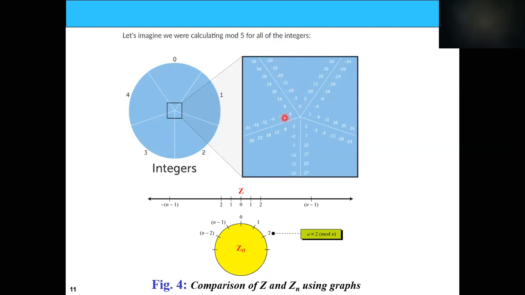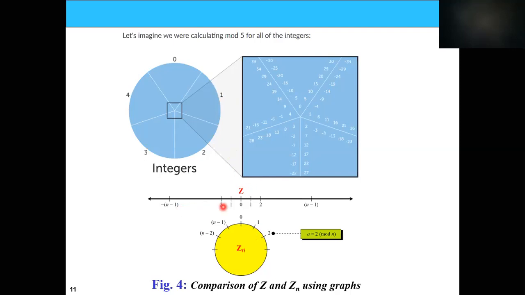Similarly for the fourth class, third class, second class, and one class under mod 5. When I talk about the 0 class, it is not just one element. There are a number of elements in one class. If I talk about the 1 class, there are a number of elements in modulo class 1 under mod 5.